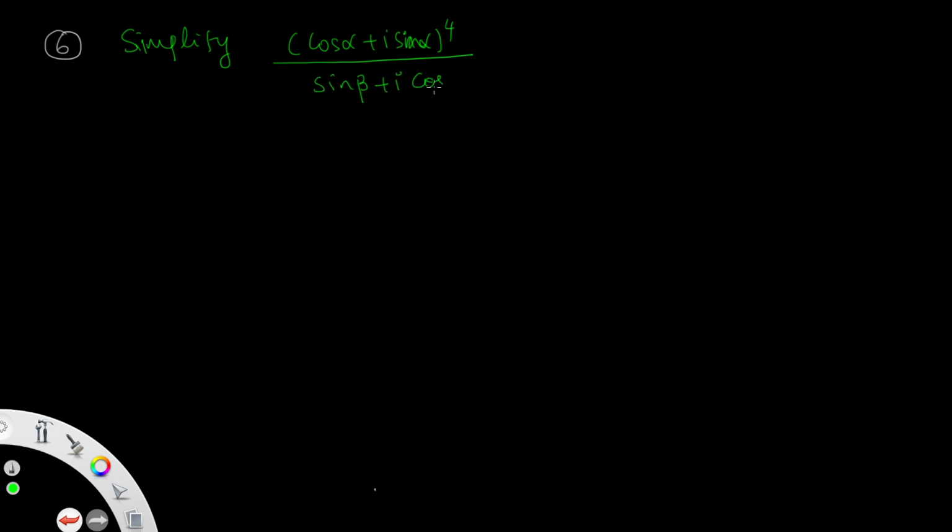Next, question number 6. The question given is: simplify (cos alpha plus i sin alpha) whole to the power of 4 divided by (sin beta plus i cos beta) whole to the power of 8.